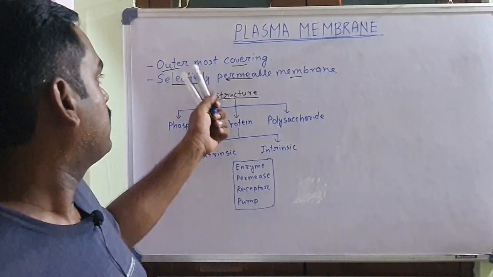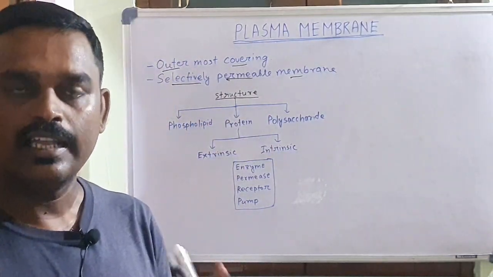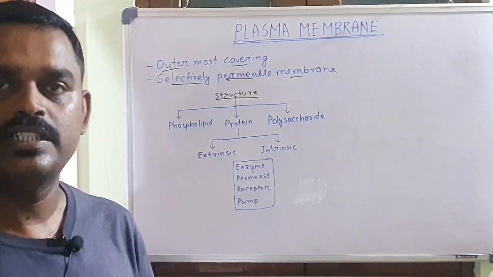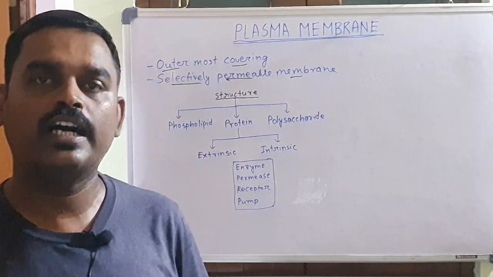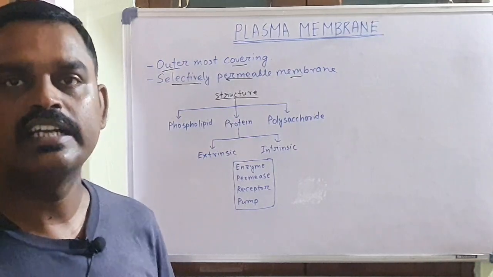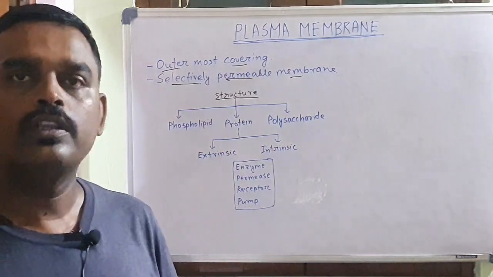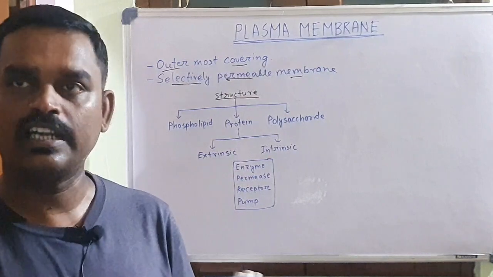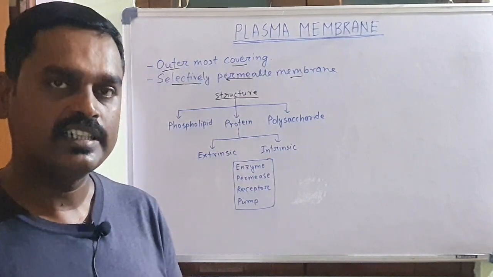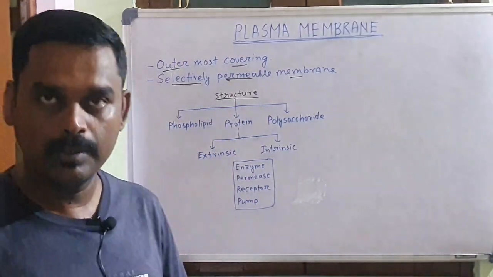This selectively permeable nature allows entry and exit of specific molecules into or out of the cell, and it also prevents other molecules from entering or leaving. Not all molecules are permitted to get inside the cell or come out of the cell. That is why the plasma membrane is called a selectively permeable membrane.